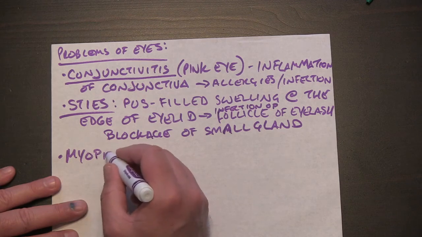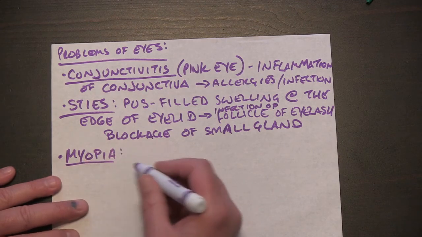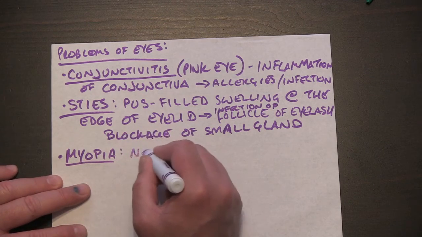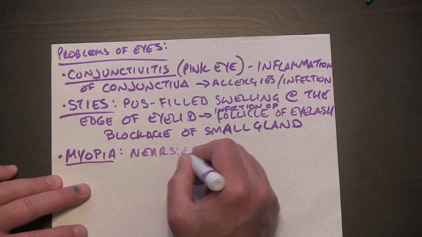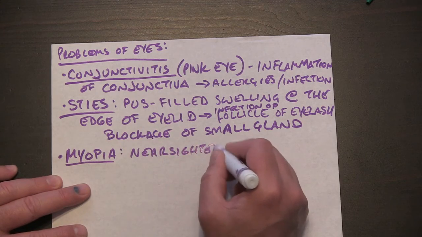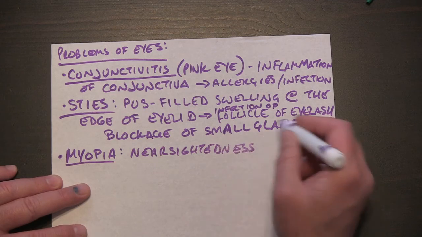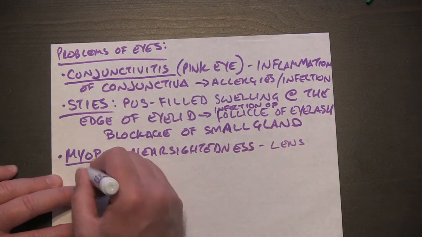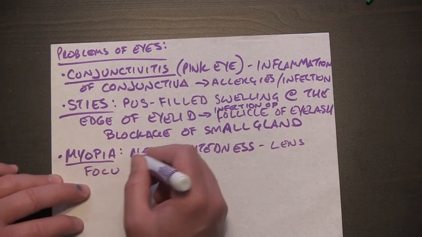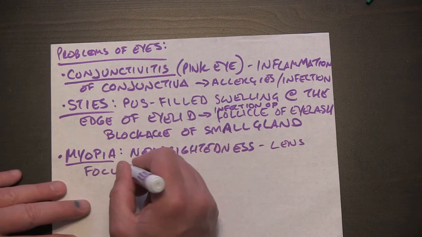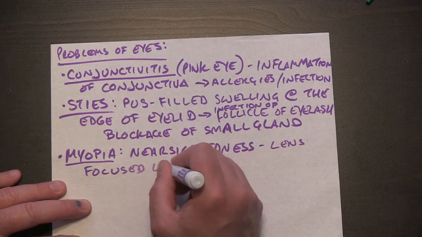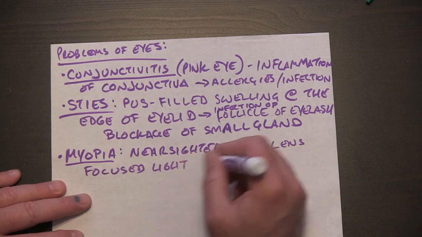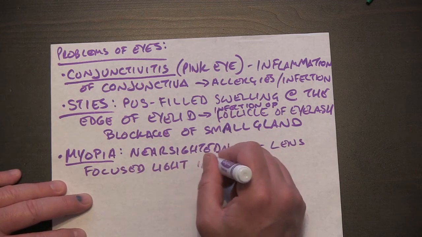Some problems with sight include myopia. This is nearsightedness. And this is when the lens focuses the light, which normally should be focused right at the retina, in front of the retina.